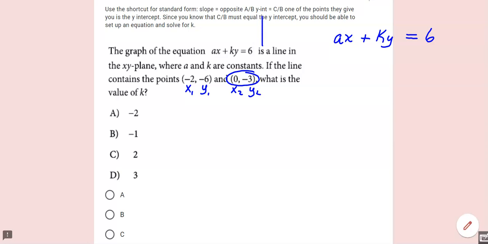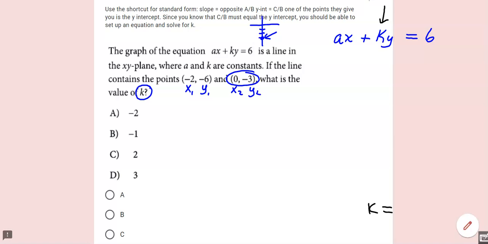It's special because it crosses 0, -3, which is the y-intercept. So it crosses at -3. So we're trying to find k. We're trying to find this value right here. So ultimately, the goal to find the value of k is we need to figure out what k by itself is. So we're going to need to repackage some things.